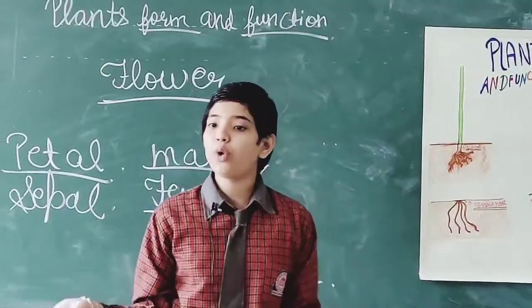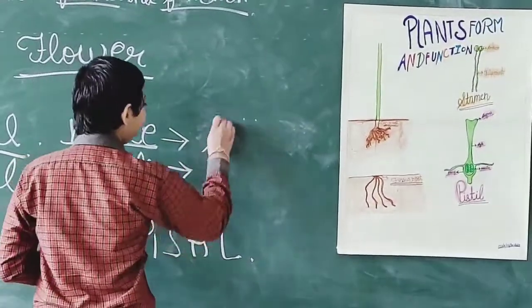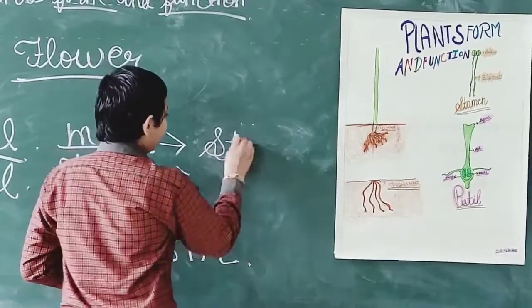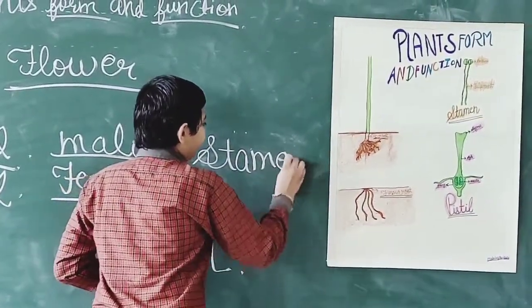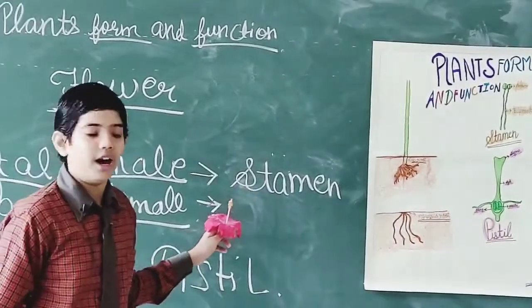Now we are going to study the stamen in detail. The stamen is the male portion of the flower, and it has two parts.